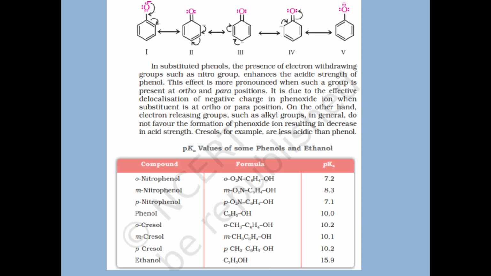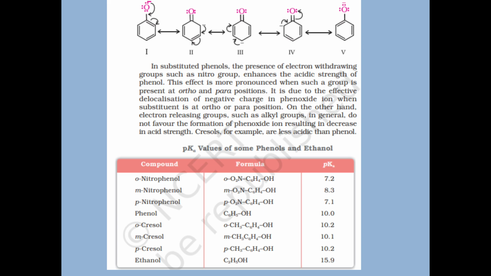In substituted phenols, the presence of an electron withdrawing group such as the nitro group enhances the acidic strength of phenol. This effect is more pronounced when such a group is present at the ortho and para positions. It is due to the effective delocalization of the negative charge in the phenoxide ion when the substituent is at the ortho and para position.